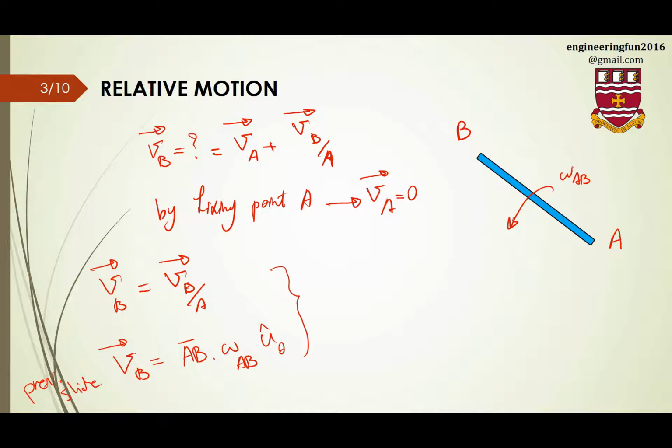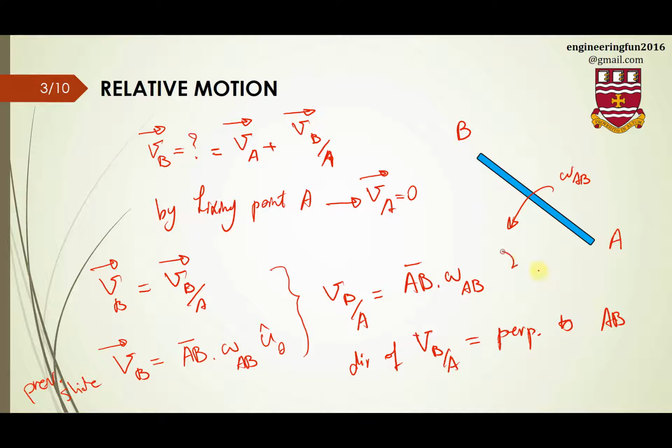If I substitute this here, I can find velocity of B with respect to A. So velocity of B with respect to A is AB omega AB, and that's the magnitude, and the direction of velocity of B with respect to A is perpendicular to AB.